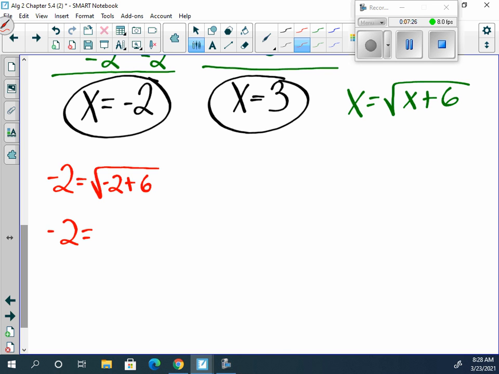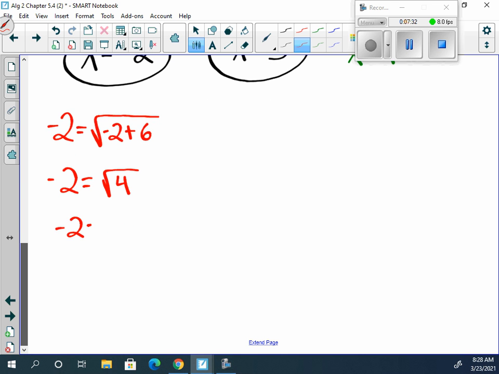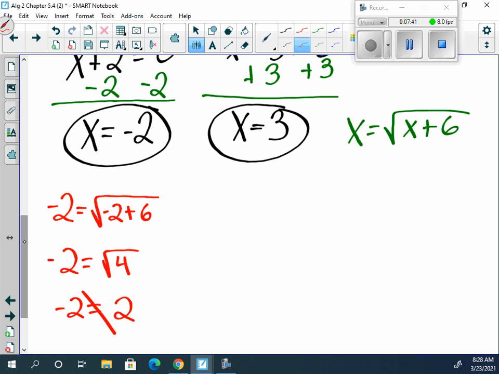Now, the square root of negative 2 plus 6, well, negative 2 plus 6 is 4. What's the square root of 4? Is negative 2 equal to 2? No. Which tells me this is not a solution. It doesn't work, because when we plug it back in, both sides are not the same.